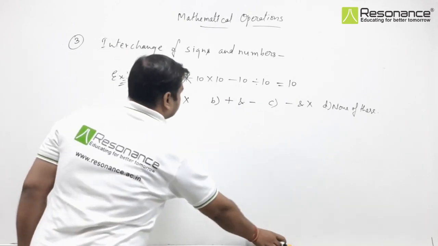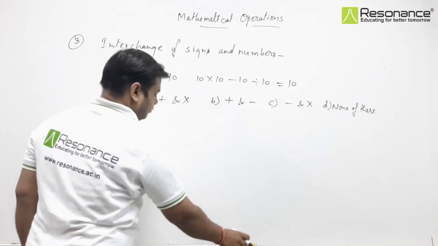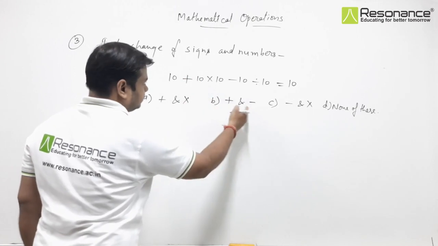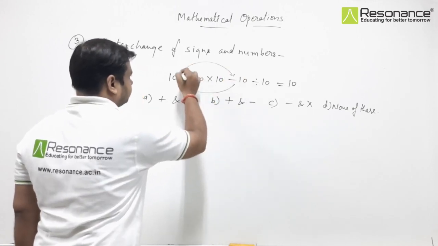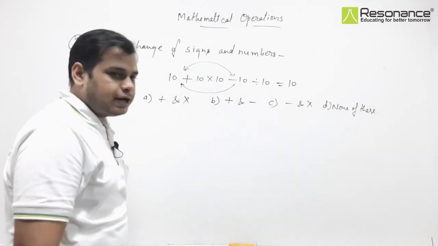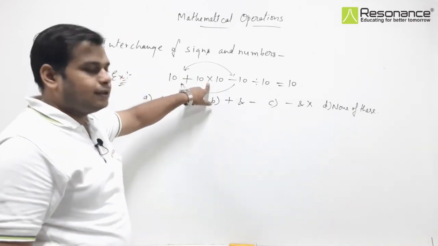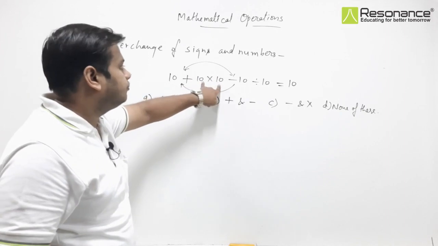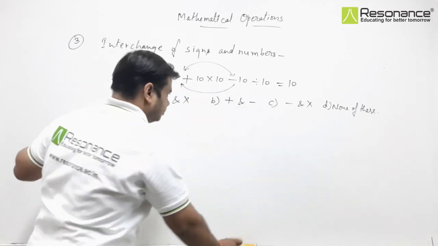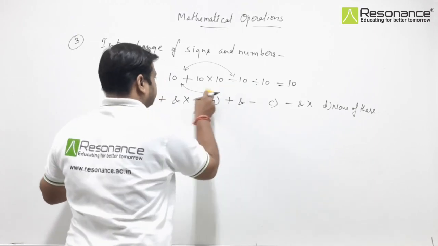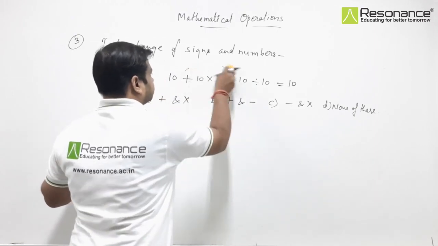So the first option is not correct. The second option says plus and minus. If we interchange plus and minus, this will also not give us the answer. Why? Because the multiply is here, and 10 multiplied by 10 again gives us 100. So this will also not give us the correct answer.